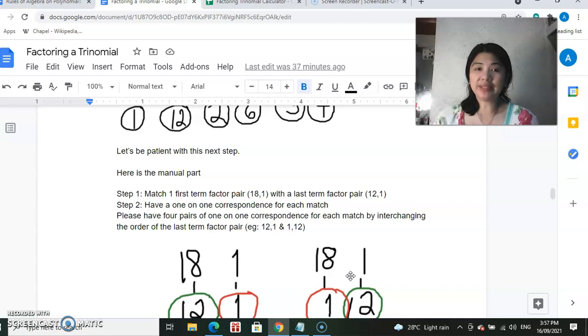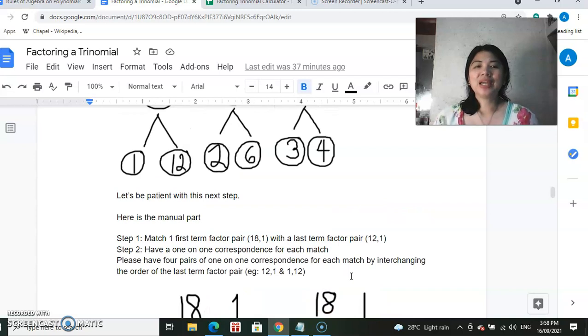So that's 18, 1. And then for the last term factor pair, mapili ta either we will nominate 1 and 12, or are we gonna nominate 2 and 6 or 3 and 4. So let's start nominating 1 and 12, or 12, 1.